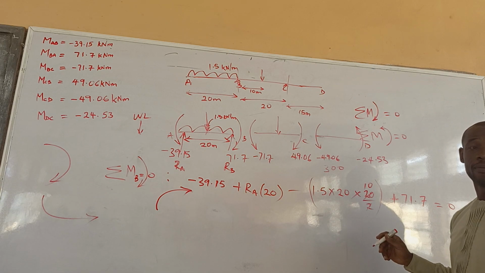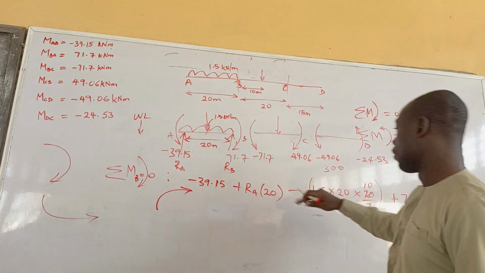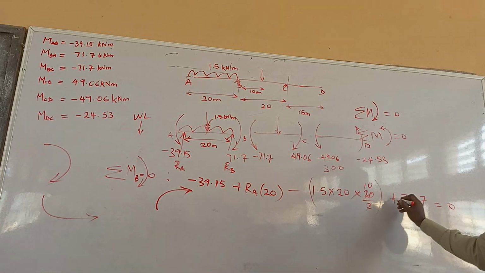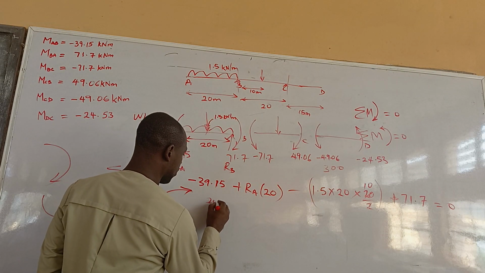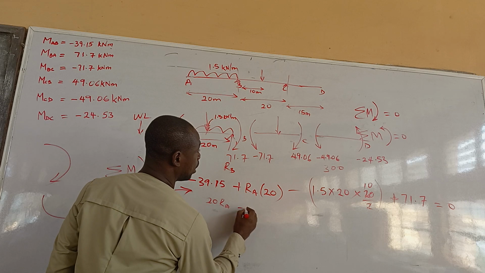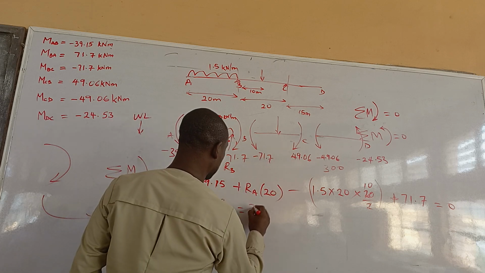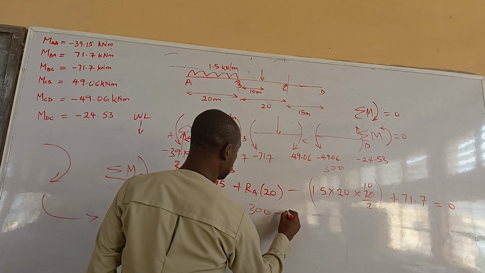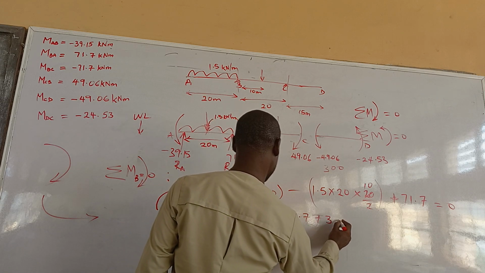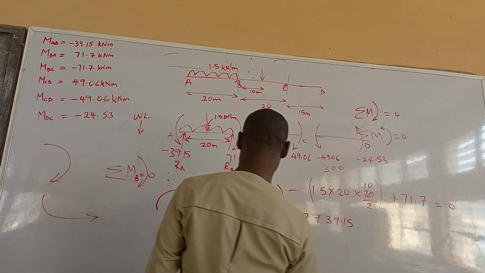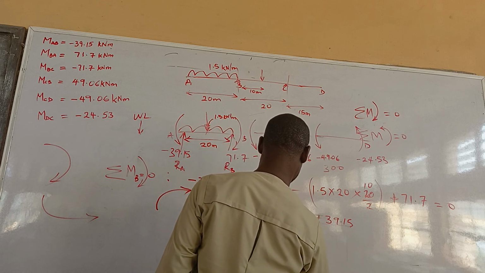So now, I can say 20 times RA equals 300 minus 71.7 plus 39.15, all divided by 20.